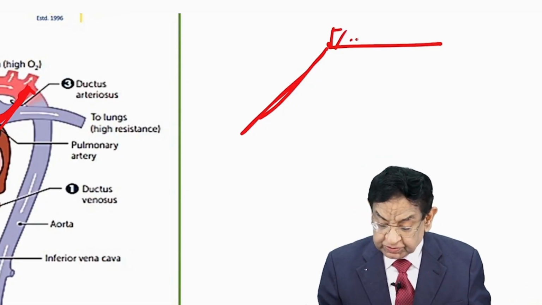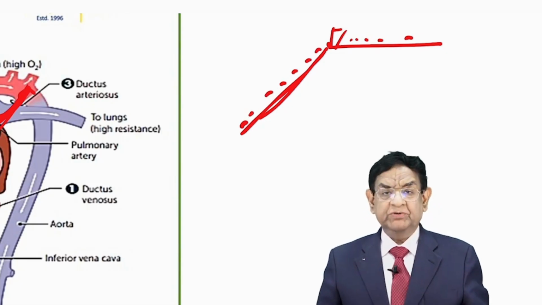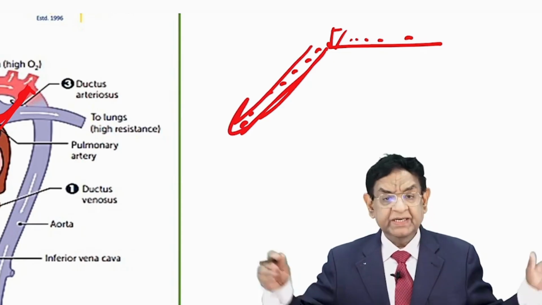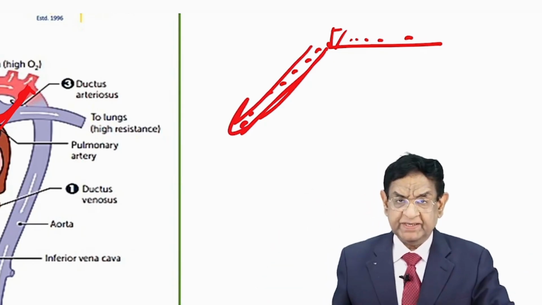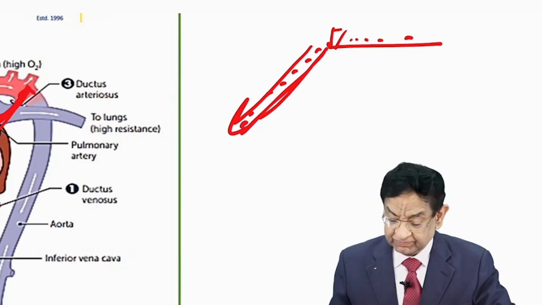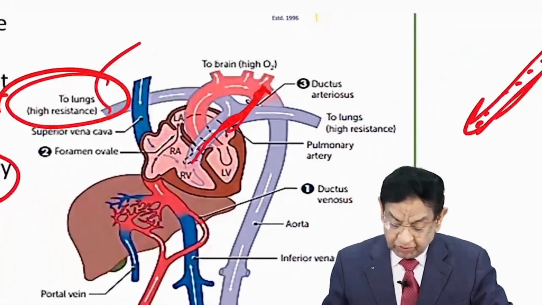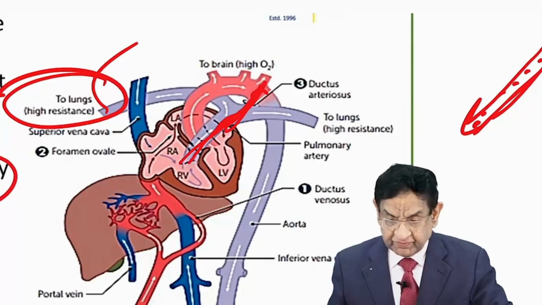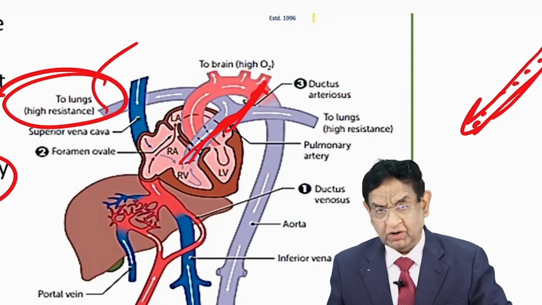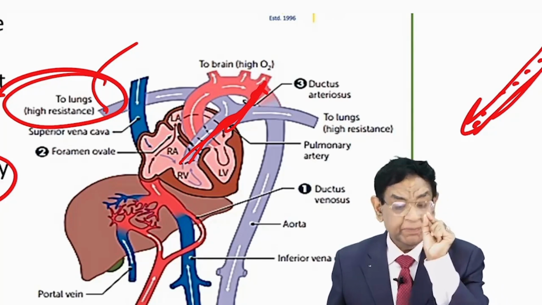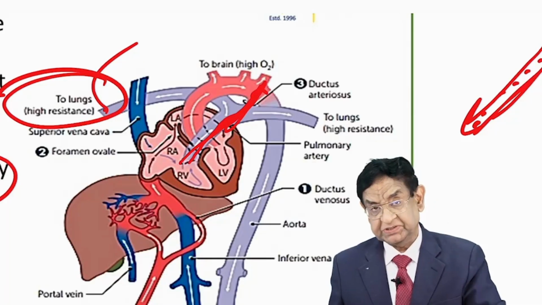Some water will go here and some will come like this. Do I need to tell you where the maximum water flow will occur? Definitely here. Why? By the effect of gravity, it will go very fast. Very little amount will go this side. Same thing: no resistance, so blood can very easily go into the aorta, and very little amount of blood will go to the lungs because of high pulmonary vessel resistance.